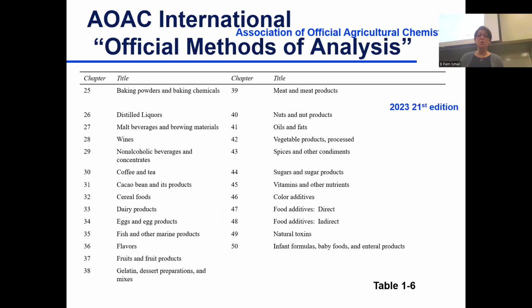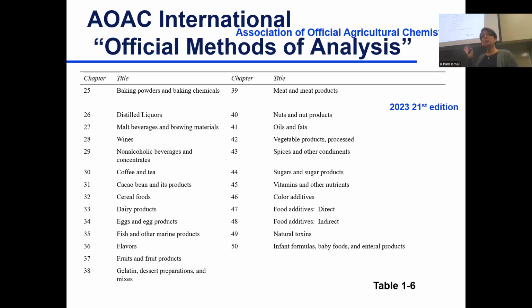And in your book, there are tables that show, for example, here the AOAC, the different chapters and what type of methods you can find there. So if we had a project in this class, a project that I canceled, a lot of times you have to go to these references and find those official methods of analysis.